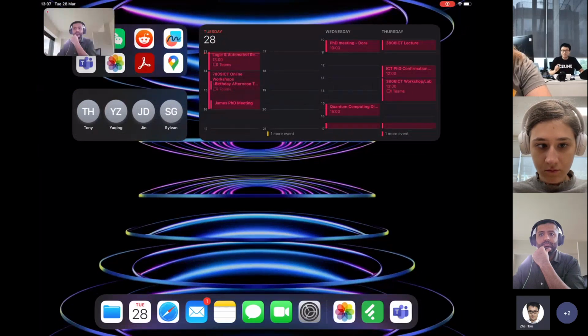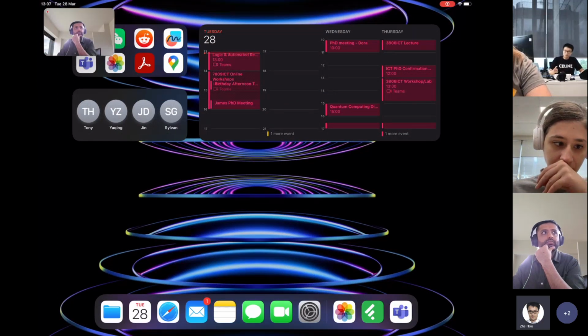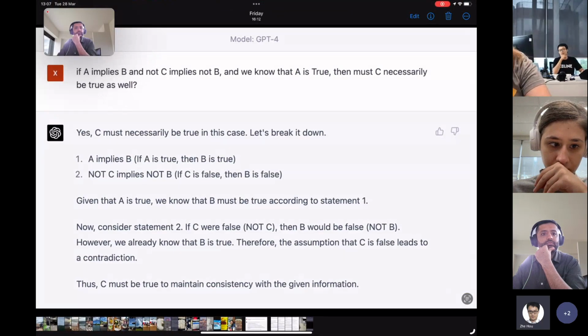But before we go back to the topic of the book, last time we talked a little bit about ChatGPT's automatic reasoning capabilities. We asked this question: if A implies B, not C implies not B, and we know that A is true, then must C necessarily be true as well?